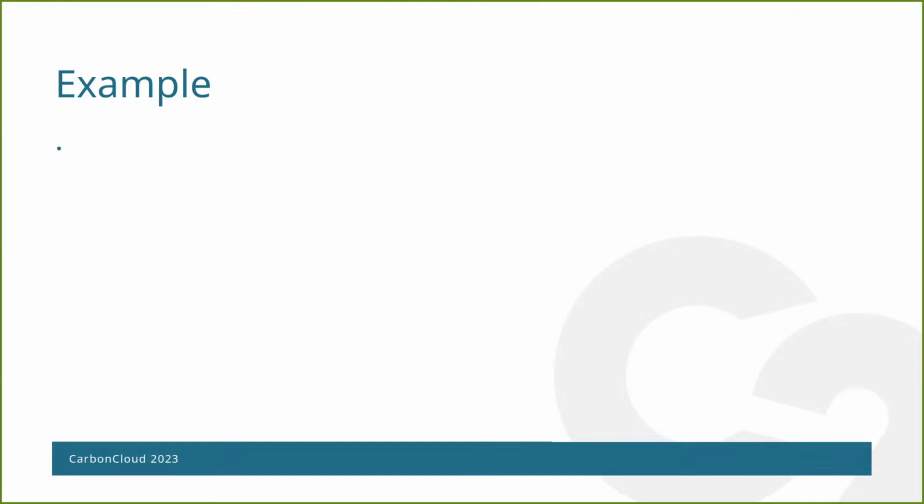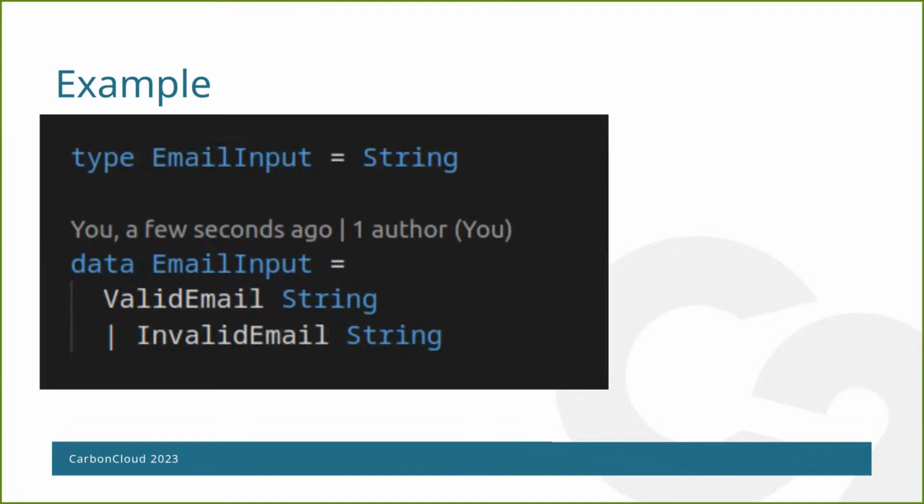Another example, and we're going to go through a few iterations. If you have an email input, so you want to have an email, the first example here, type EmailInput equals String, is to say that EmailInput is another word for string.